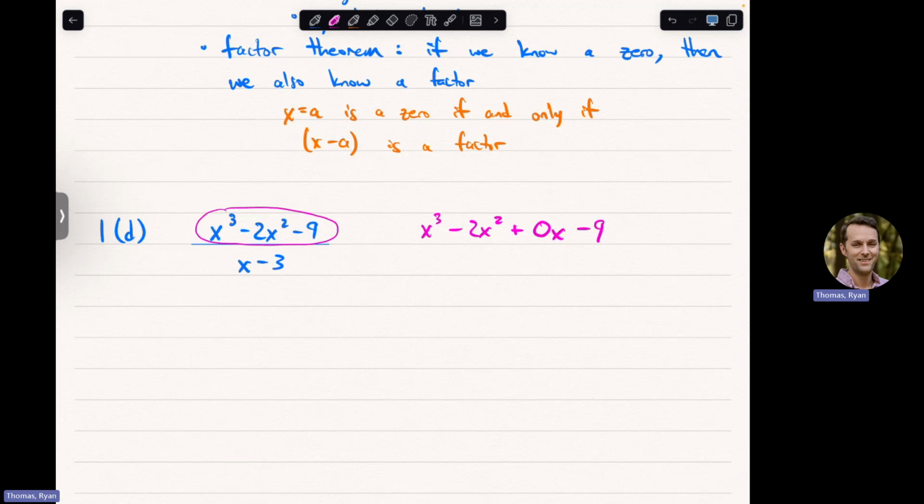So when I set this up to do synthetic division, I'm going to take the coefficients from these, and preserve what they are by the order I write them in. So x cubed, x squared. Then where the linear term ought to go, I'm going to put a 0 as the coefficient, so that I'm still taking care of the fact that that exists. Keep in mind that when you do synthetic division, you're taking the coefficients off.